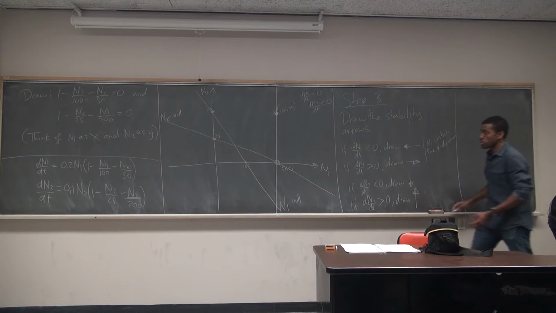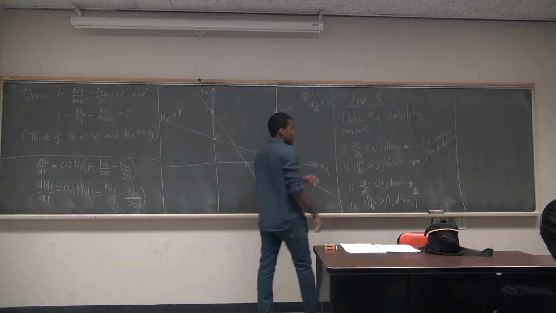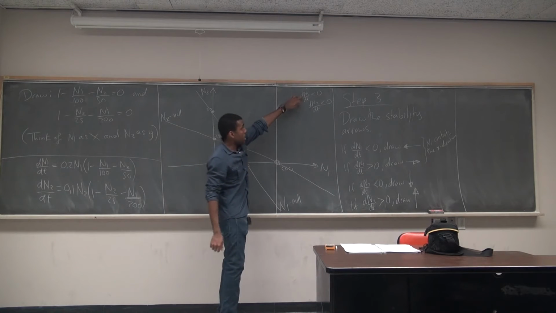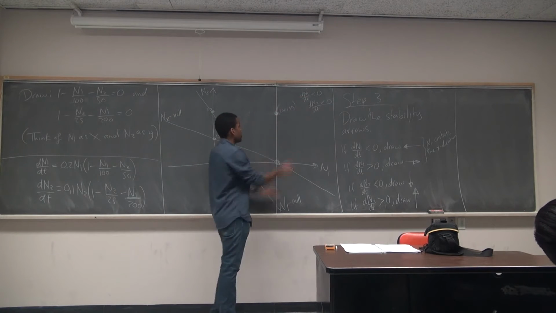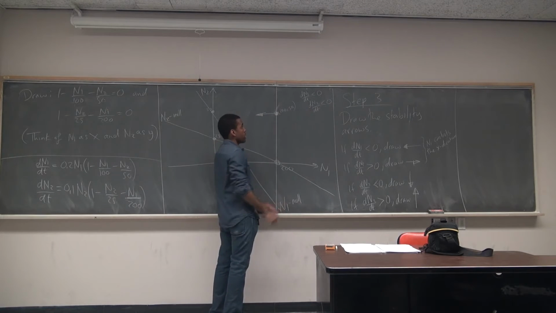So what you're going to do, once you test this point into these equations and you find their signs, you're going to draw arrows based on what the signs are. In this case, my N1, which controls the x, is negative, which means I'm going to draw an arrow to the left. And since my dN2 is also negative, I'm going to draw an arrow down.